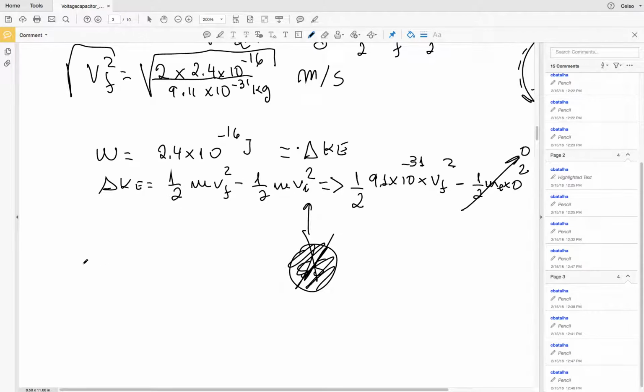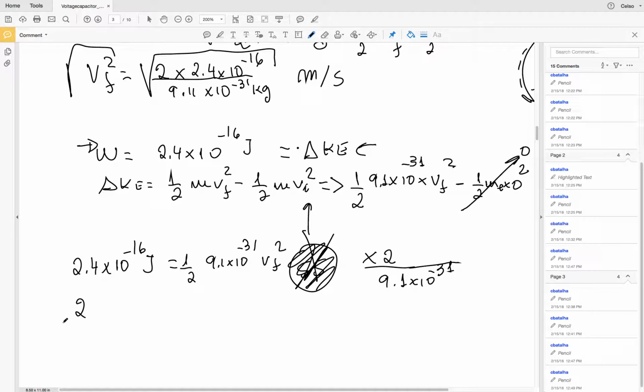Then I can multiply by 2 and divide by 9.1 times 10 to the minus 31 on both sides of the equation. When I do that, I have V final squared alone on the right-hand side, and I have this math that I have to solve. This number must be calculated.